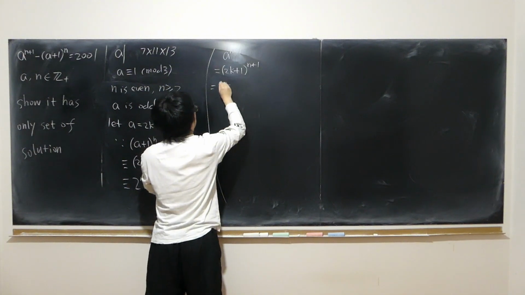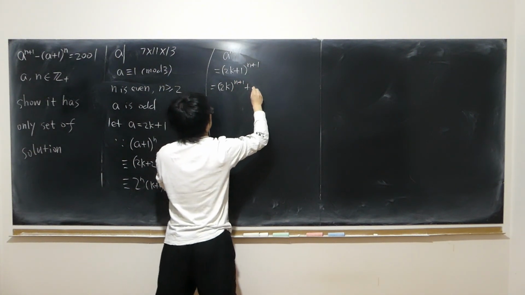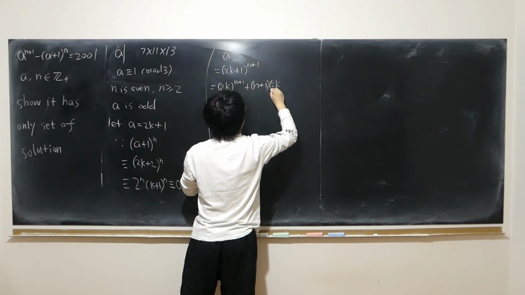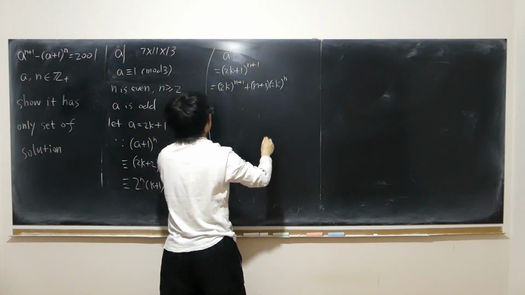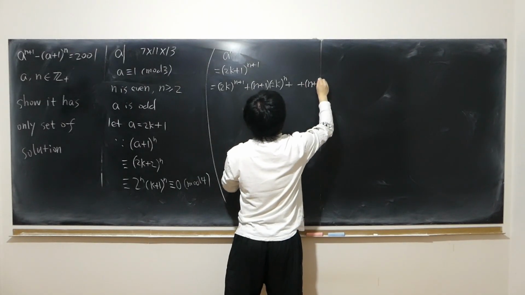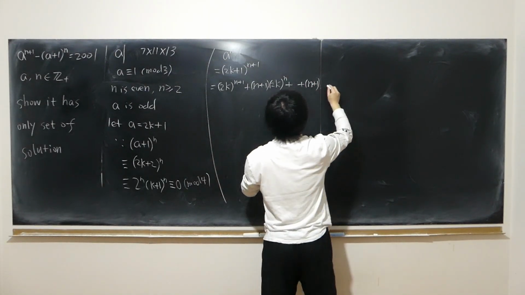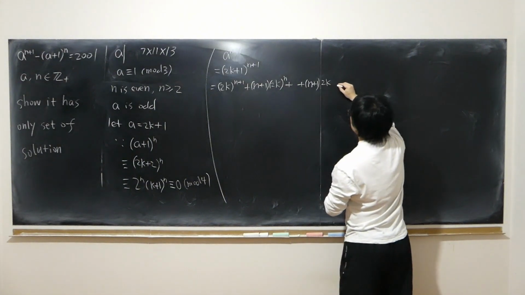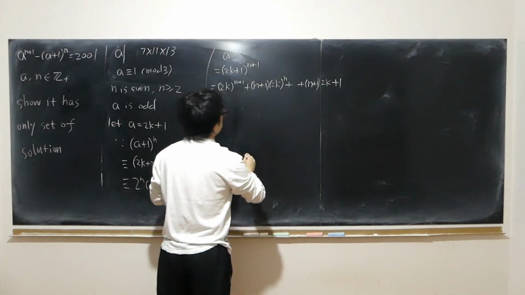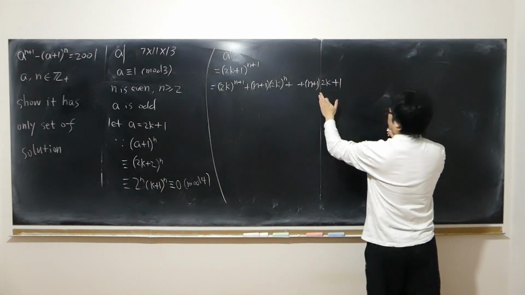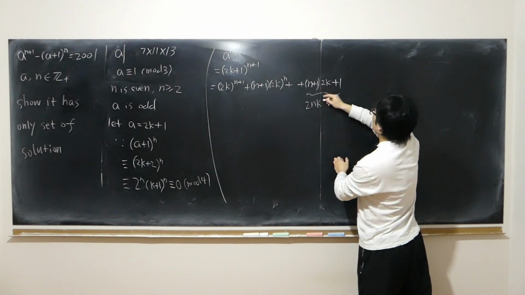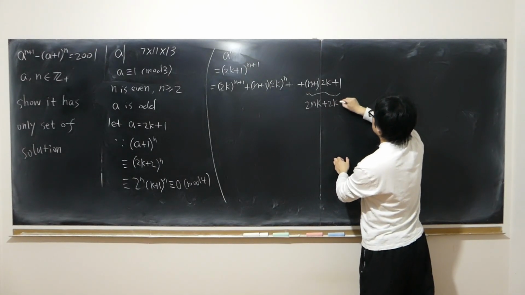That is (2k) to the power of n plus 1, plus (n plus 1) times (2k) to the power of n, plus and so on, plus (n plus 1) times 2k, the last term, plus 1. Here I can just rewrite the second-to-last term as 2nk plus 2k, and plus 1.